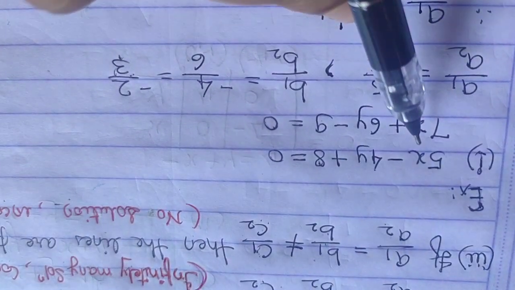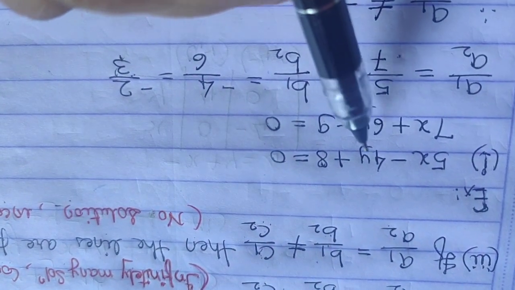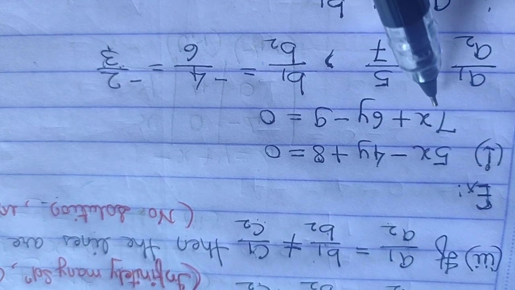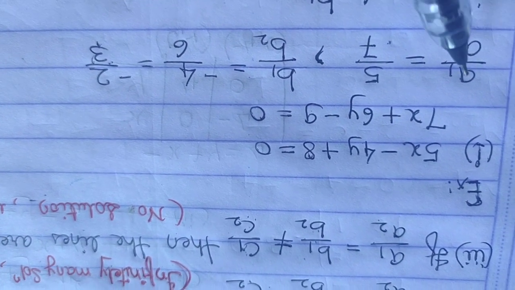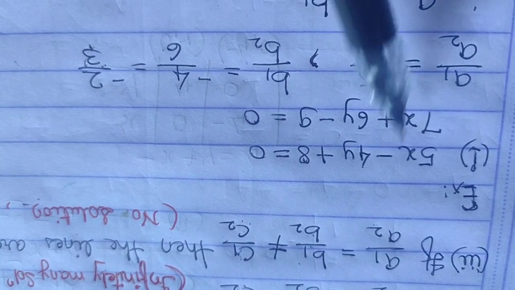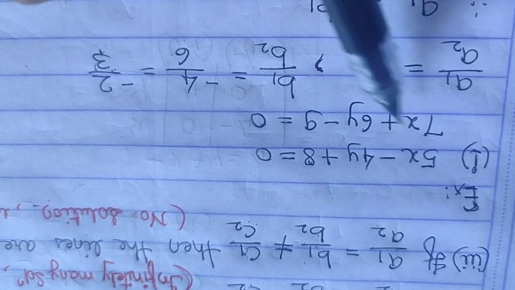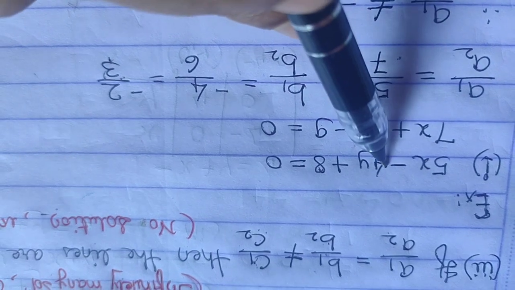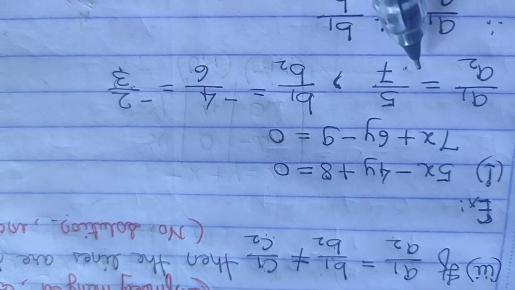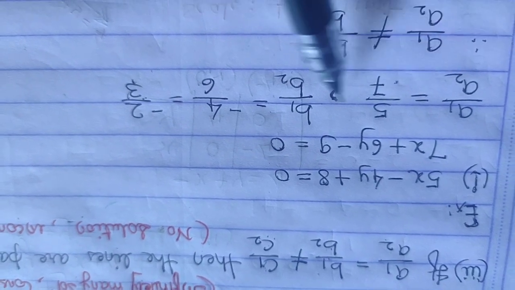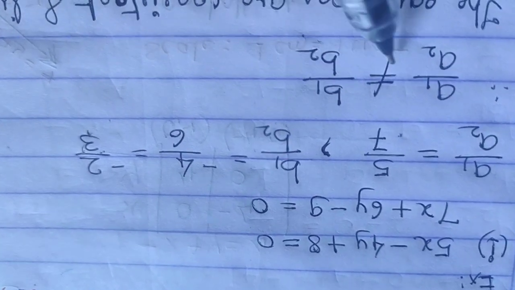In this example, 5x minus 4y plus 8 equal to 0, 7x plus 6y minus 9 equal to 0. If we consider the ratio a1 upon a2, this ratio is 5 by 7. b1 upon b2 is minus 4 upon 6. Reduce the ratio, it is minus 2 by 3. And we can say that a1 upon a2 is not equal to b1 upon b2.